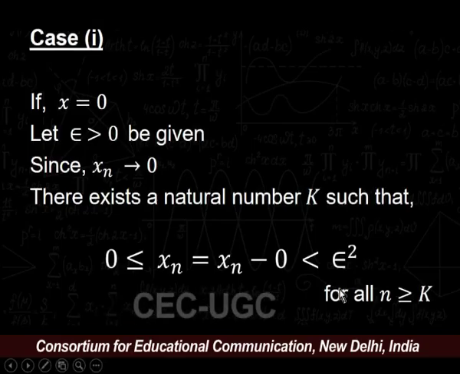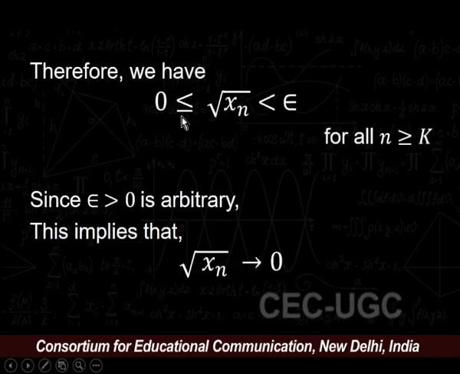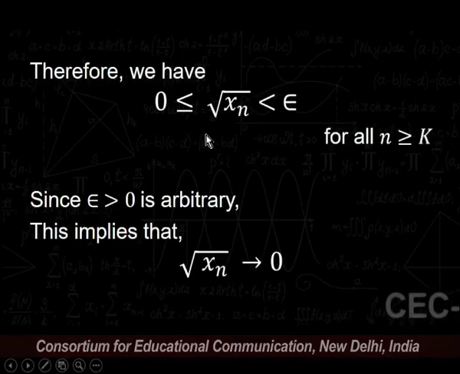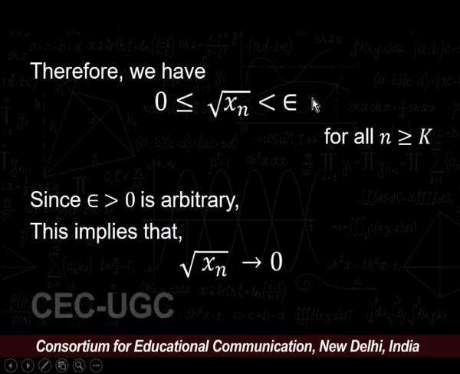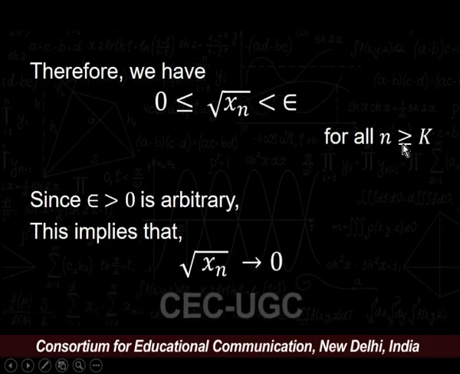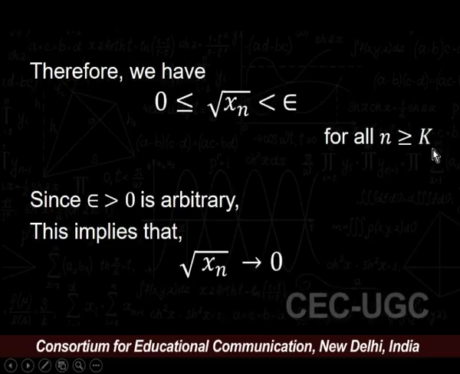If we rewrite this, we get 0 is less than or equal to square root of xn, and square root of xn is less than epsilon for all n greater than or equal to that natural number.